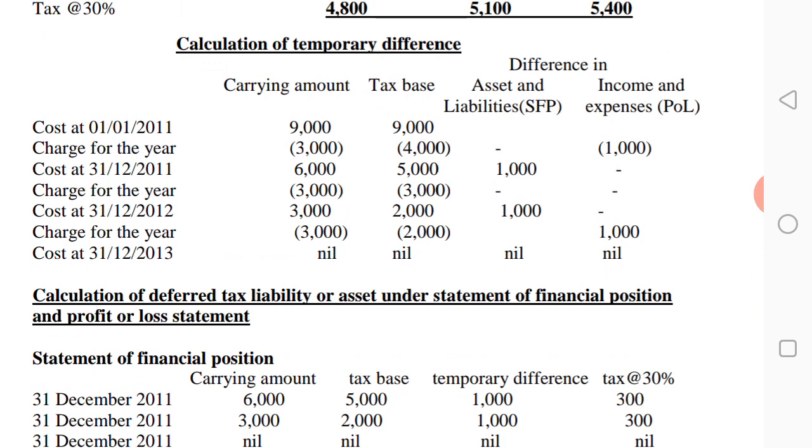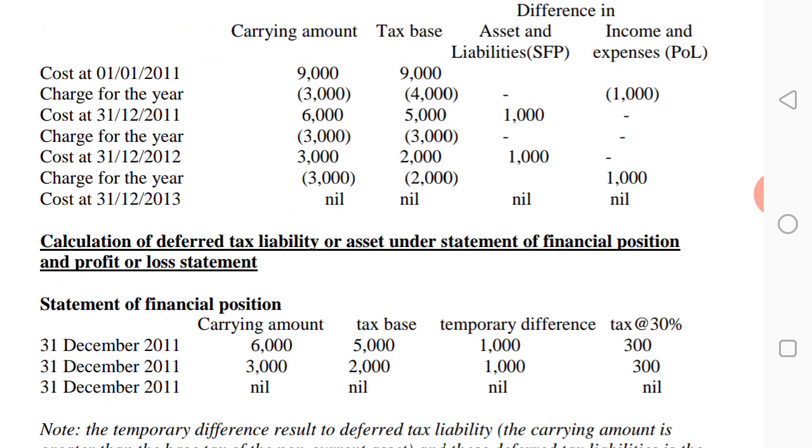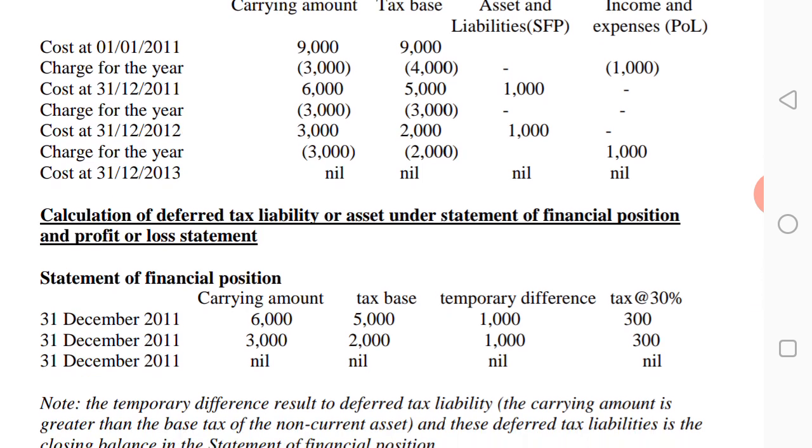So it is under profit or loss, because this item of depreciation will affect what? Profit or loss. So in 2012 we have a depreciation of how much? Of 3,000, and the capital allowance of 4,000. So there is no temporary difference in 2012.